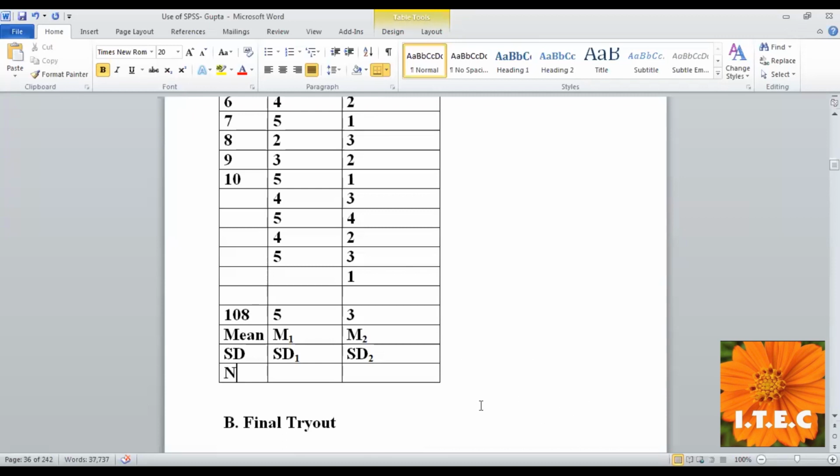Now you can calculate the t value. I hope all of you know how to calculate the t value.